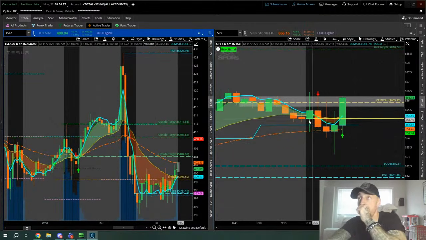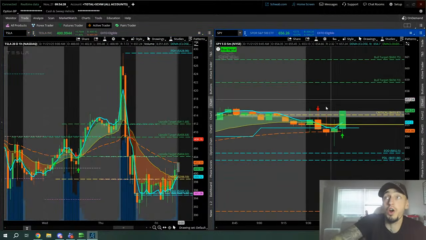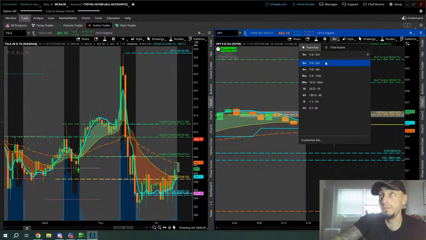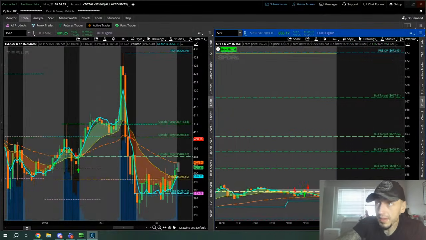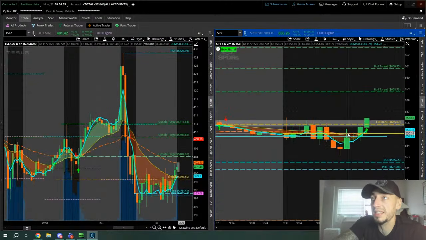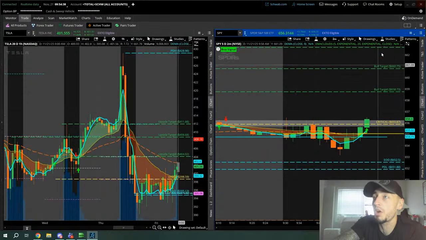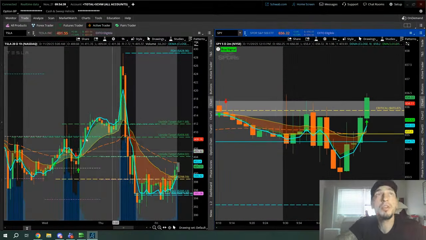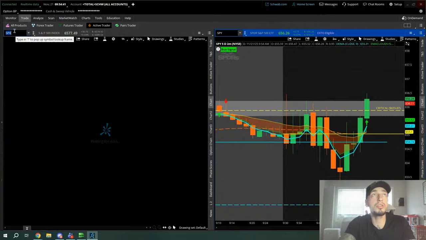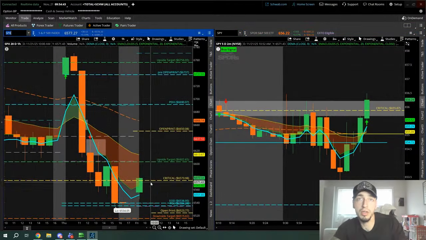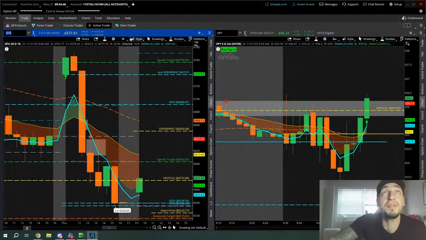SPY with the strong push right there. I think I wasn't the only person getting stomped out of that trade. We're about to see a strong push here from buyers. And on SPX, we're above 6573.